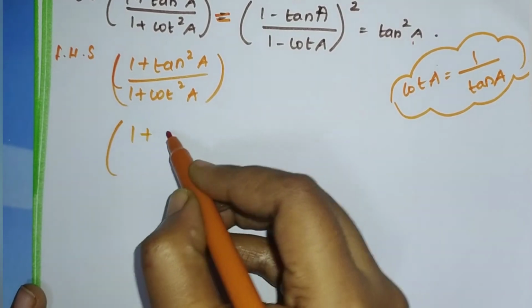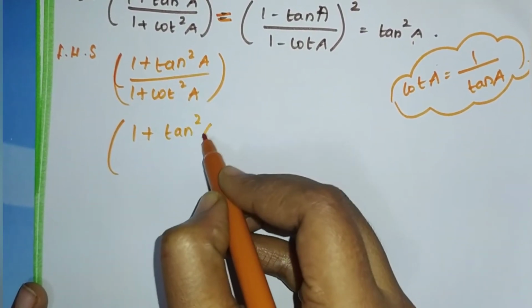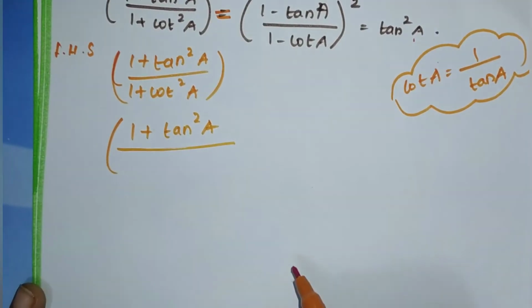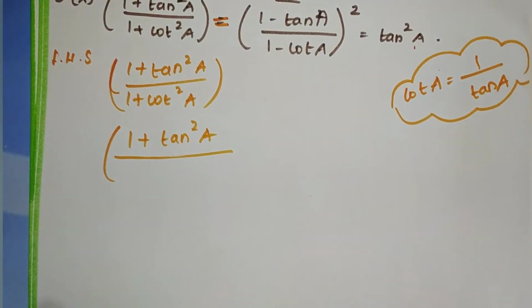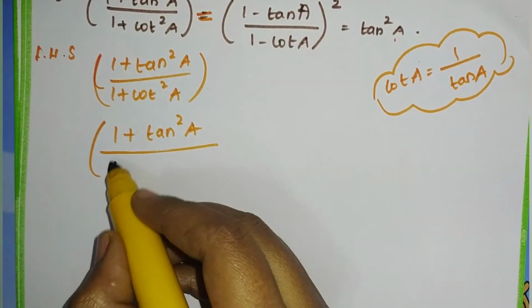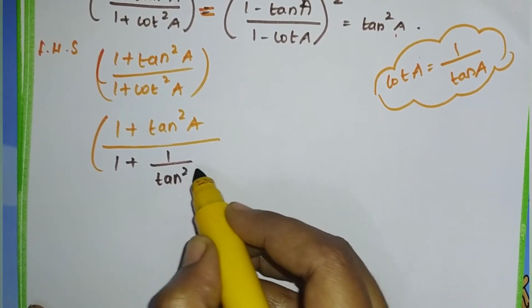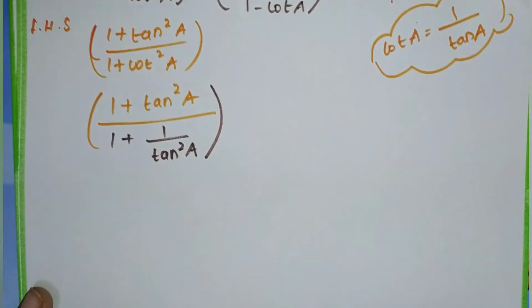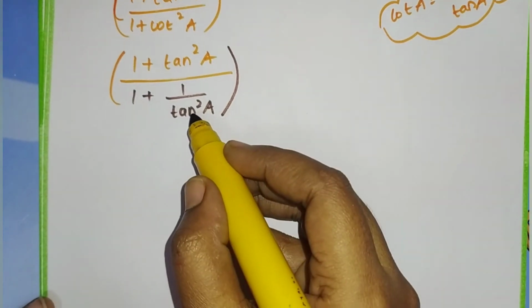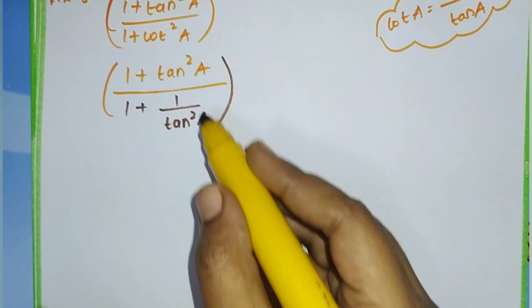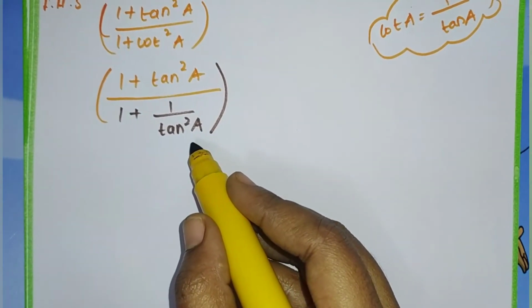1 plus tan square A, keep the numerator as it is, and the denominator alone, change it: 1 plus 1 by tan square A. Clear? Change the denominator alone. Instead of cot, substitute 1 by tan.